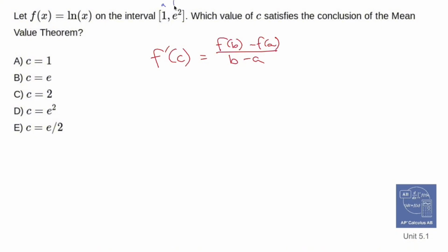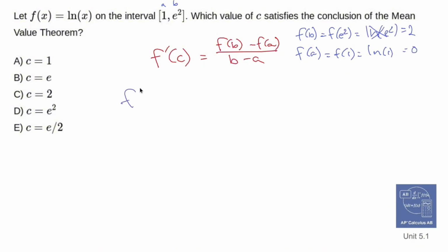We'll call you A, we'll call you B. So f of b is going to be f of e squared, so ln of e squared. The ln and e cancel each other out, and a 2 drops down. f of a is going to be f of 1, which is ln of 1, which is 0.